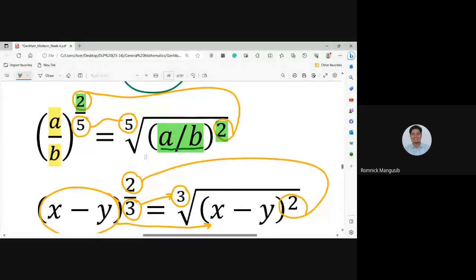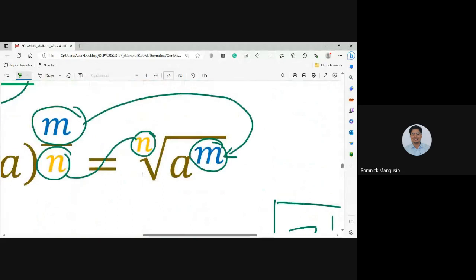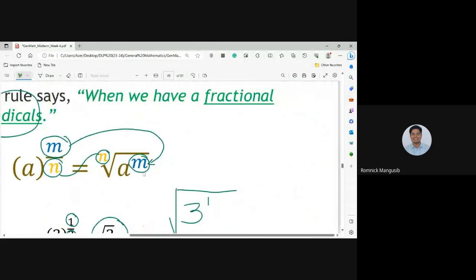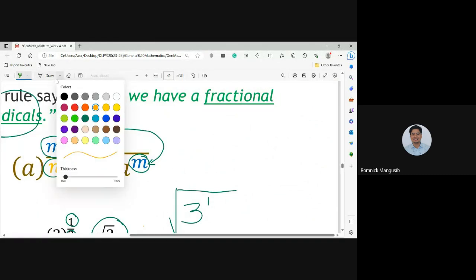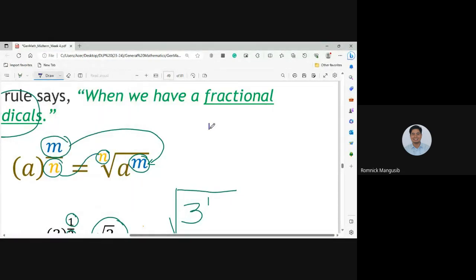Okay, so let me give you just 2. Ayan. Okay, picturean nyo ang sagot nyo, isend nyo sa messenger, and then that's good to go. No? So let's have number 1. Ano ang katumbas ng 6 raised to 5 over 7?